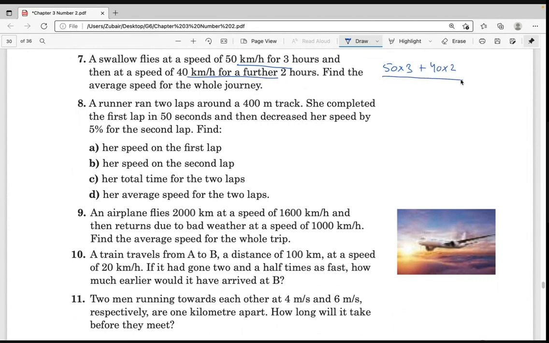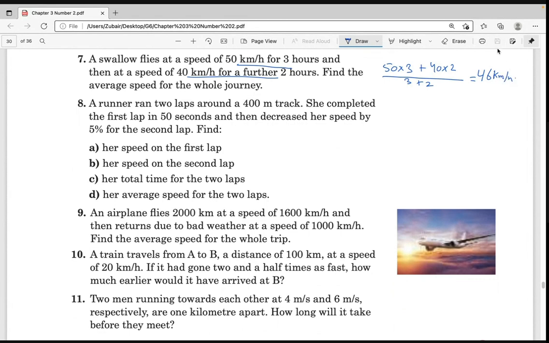So that's total distance over total time, which is 3 plus 2. Okay, 46 kilometers per hour.